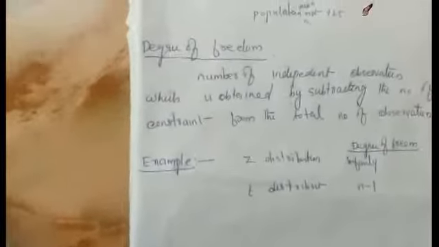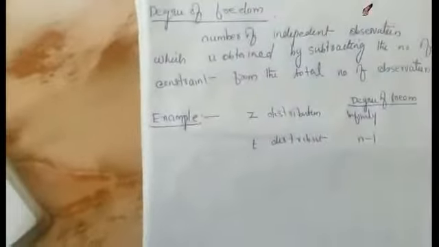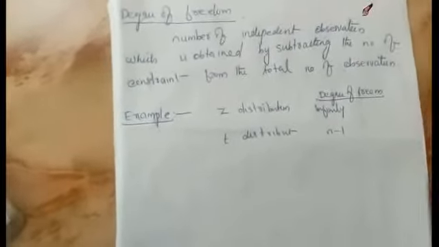Total number of observations minus number of constraints is equal to the number of independent observations, called degree of freedom. In the case of Z distribution, degree of freedom is infinity. And in the case of T distribution, degree of freedom is n-1, where n is the number of observations in the sample.